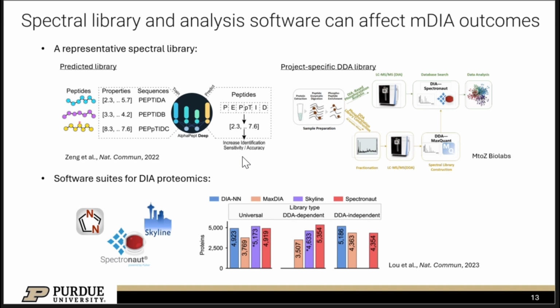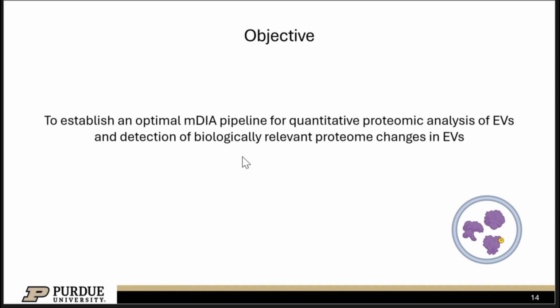So in this study, we try to explore these different factors on multiplexing DIA using EV samples. Our objective is to provide optimal multiplexing pipelines for quantitative proteomic analysis of EV samples. And later I will show an example of using the optimal pipeline to study cancer.